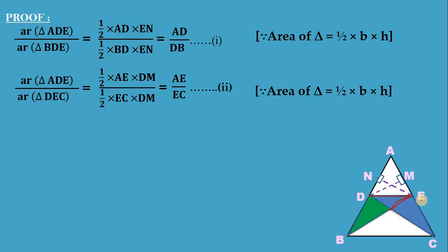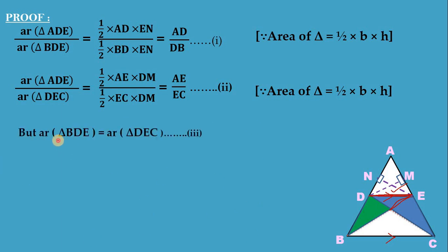So BDE and DEC. These two triangles are standing on the same base DE. In 9th standard, you have studied that when triangles are on the same base and between the same parallels, they are equal in areas. Here these two triangles are equal in areas.